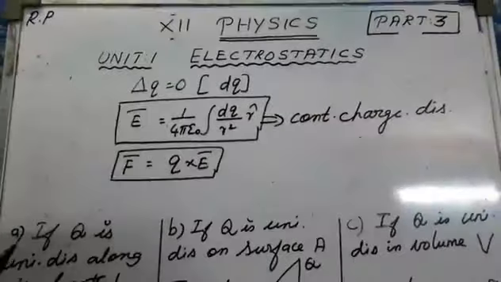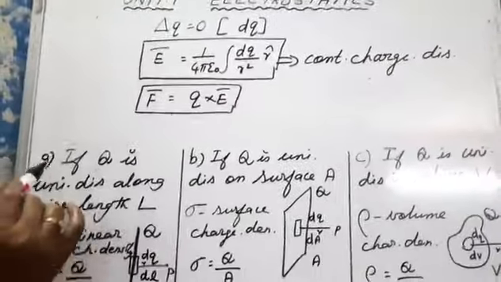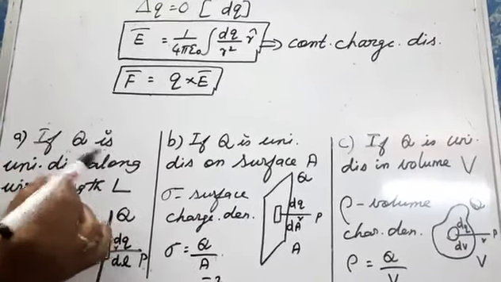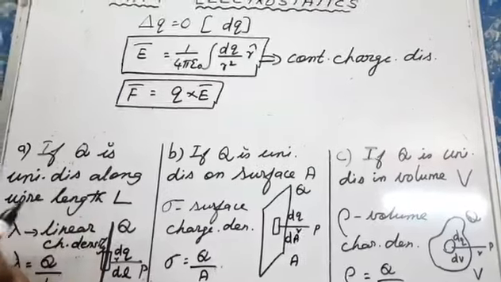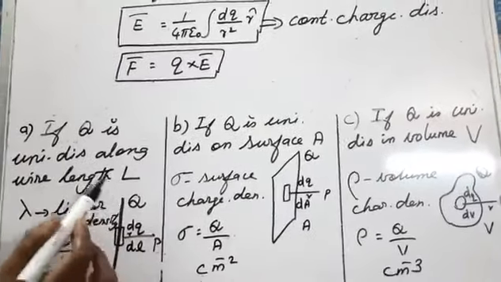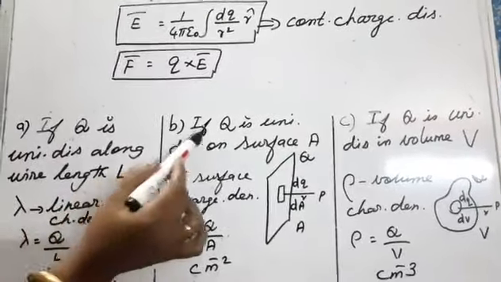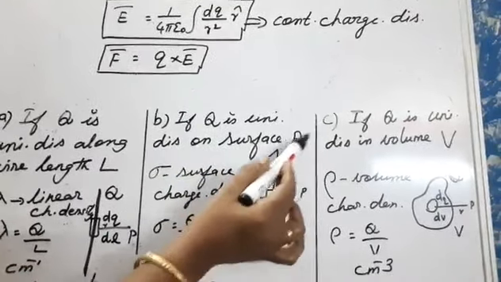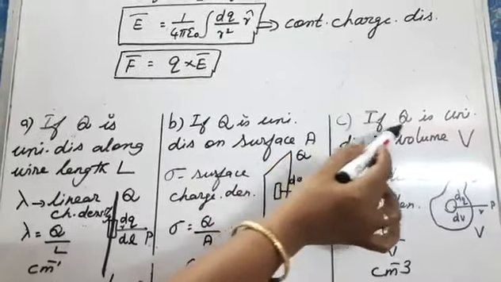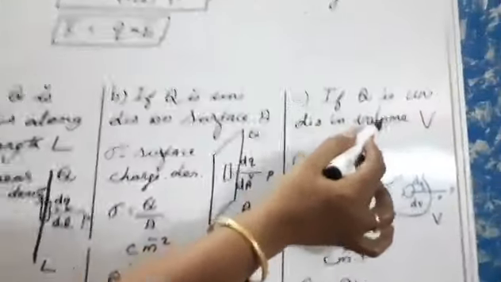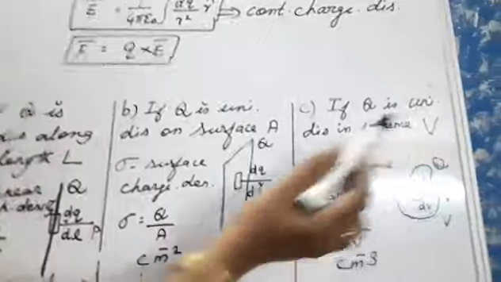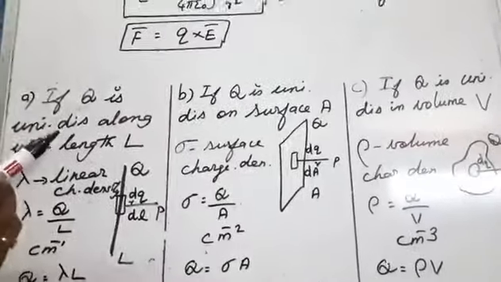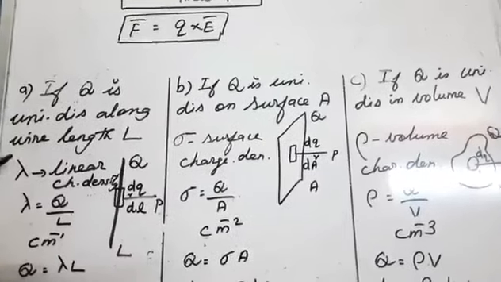And next we will discuss three groups. The first one is if charge q is uniformly distributed along a wire of length L, the second one is if charge q is distributed on a surface of area A, and the third one is if uniform charge is distributed in volume V. These three subdivisions of electric field we will see one by one.